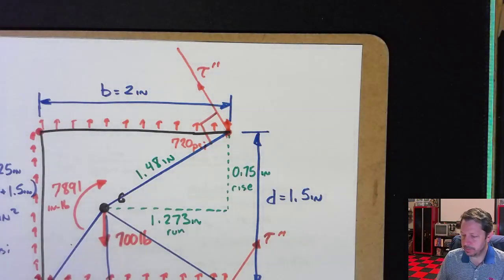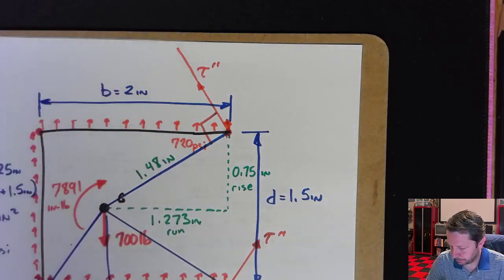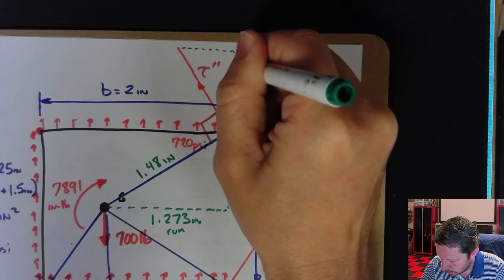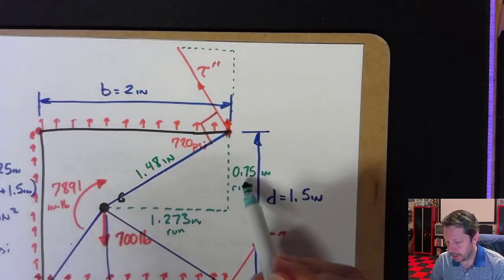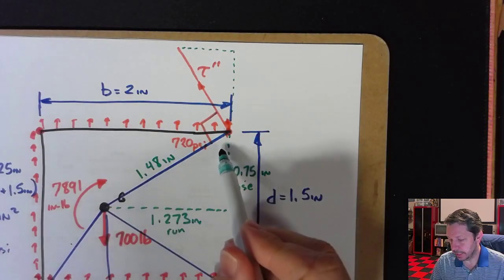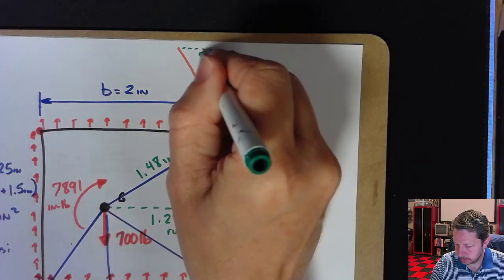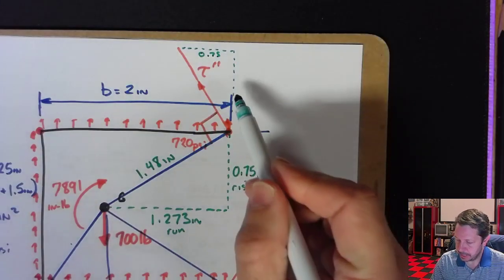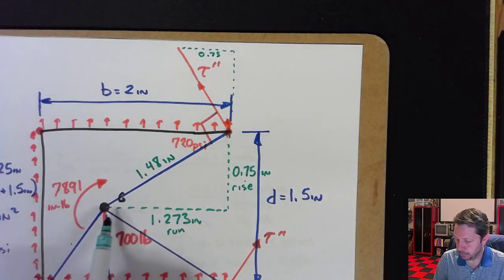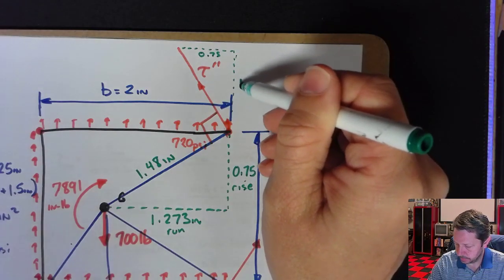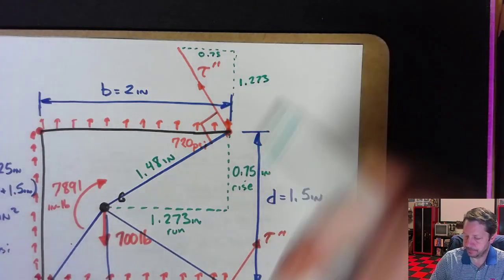If I want it to be perpendicular, an easy way to do that is to take the rise of the blue line and make that the run of the red line. So make this 0.75, and same thing with the run of the blue line, I make that the rise of the red line, 1.273.